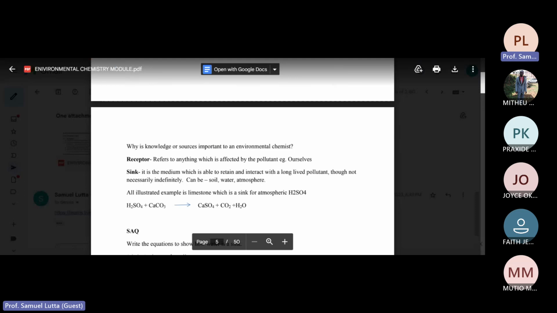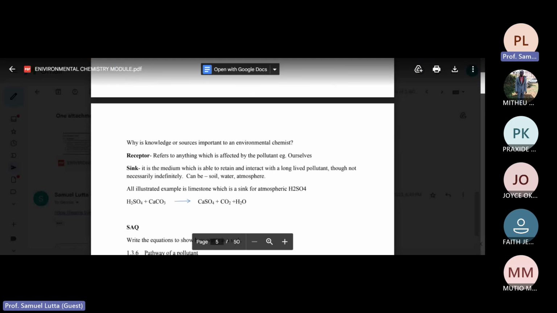And then we talked about a receptor. A receptor in this case means anything that can be affected by the pollutant. It could be us, it could be the animals that we keep, cows, chicken, and so on. And then the sink, this is where these pollutants can settle, can be retained. It can be retained, not necessarily in the human body.